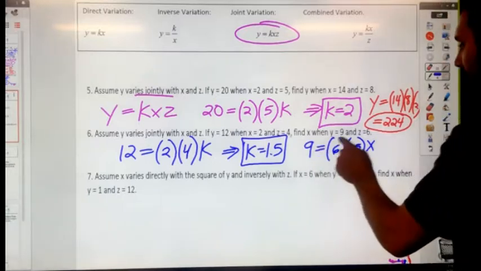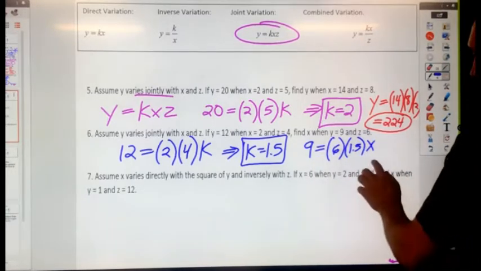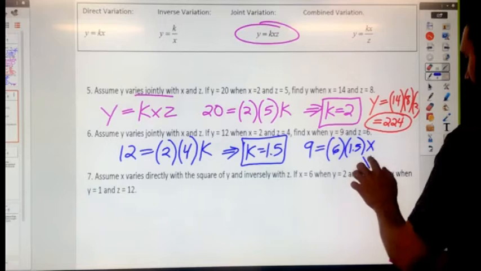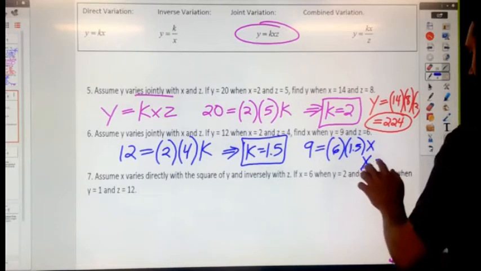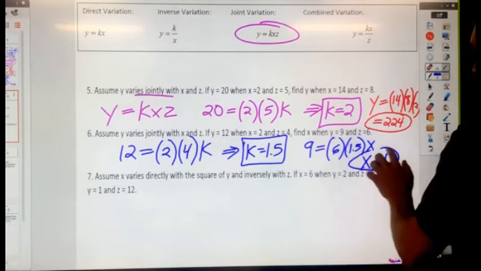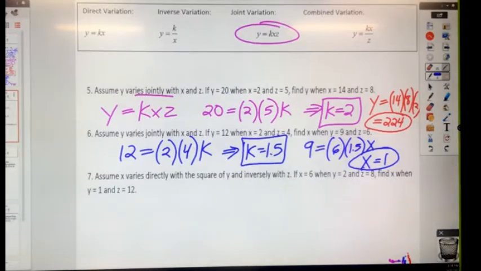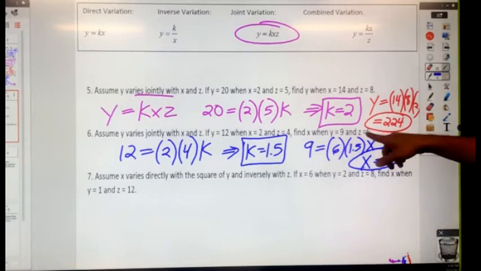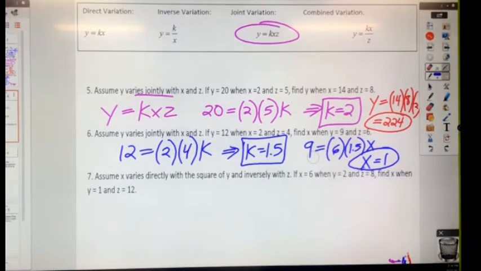So I get 9 equals 9x. Then solve for x, you get x equals 1. So it was 9 divided by 9? Yes, 6 times 1.5 is 9. So then you divide that by 9, and you'll get 1.